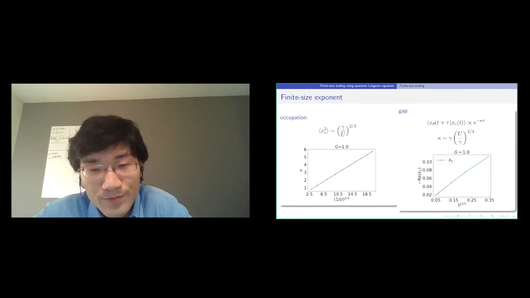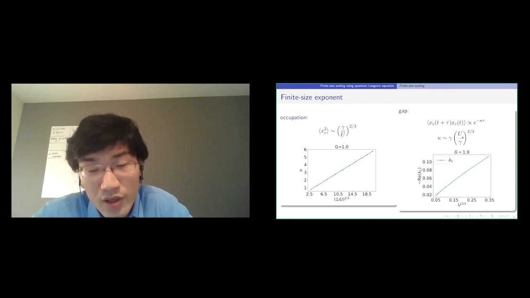For example, we can start from this expression. Here we are assuming that tau is very large, so it will become an exponential decay. Then you can put this back into the quantum Langevin equation. You can show that this decay rate is actually proportional to u to the power 2 divided by 3. The exponent is the same.